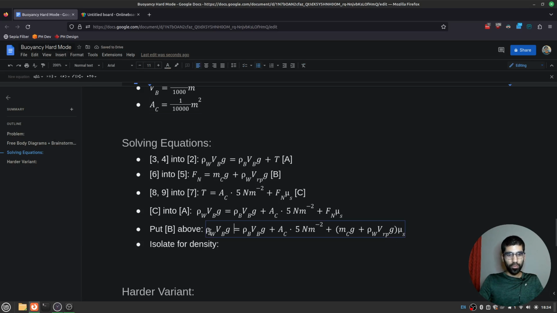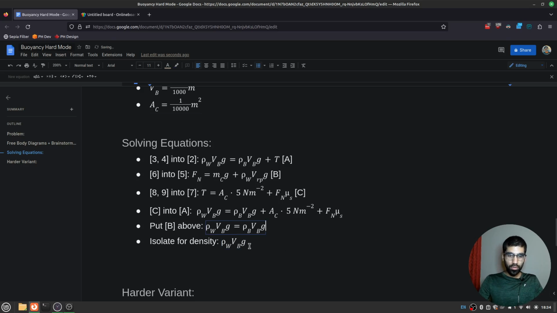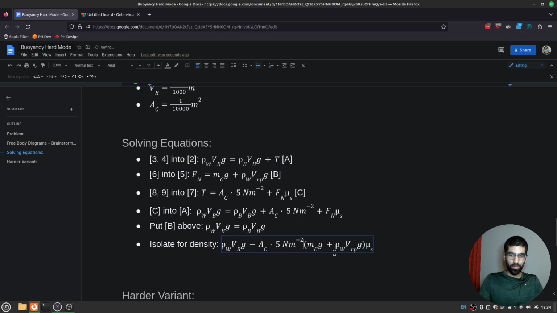What are we going to have? I'm going to try subtracting away all of this mess from both sides so that I only have this term on the right. So I'm going to have this on the left and I'm going to subtract away all of this stuff on the right and the left. So on the right it just cancels out. On the left we have a new subtraction like so.